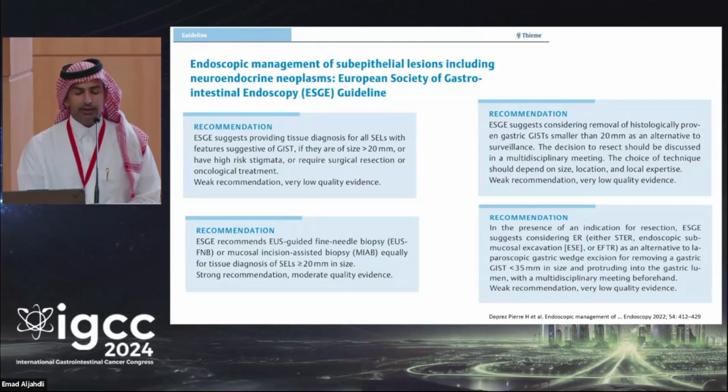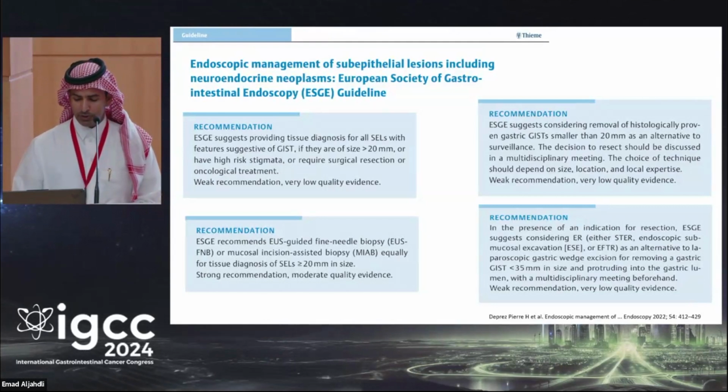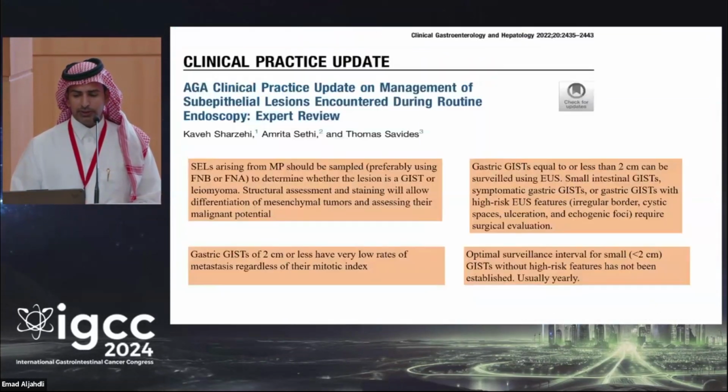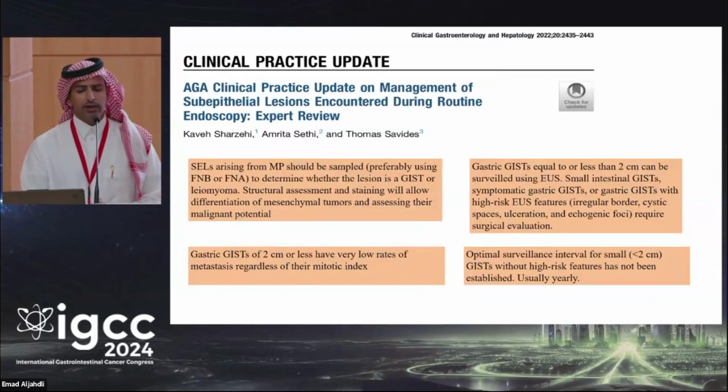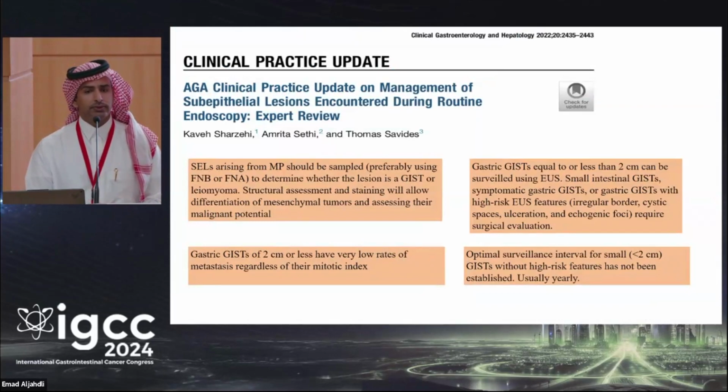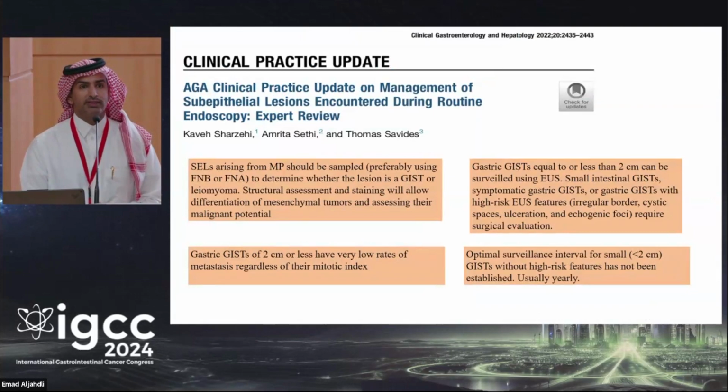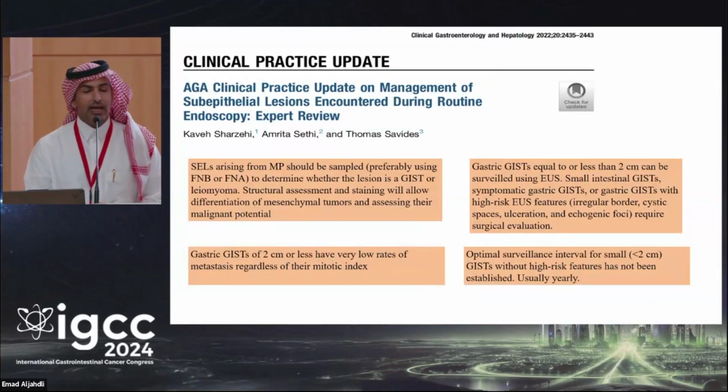This is from the European guideline. They think for less than 3.5 centimeters, you can offer endoscopic therapy, which was discussed as well, and we'll discuss it briefly. Another guideline from 2022, the AGA guideline, recommends that after EUS assessment, a muscularis propria lesion has to be sampled because you want to make sure whether this is GIST or not.